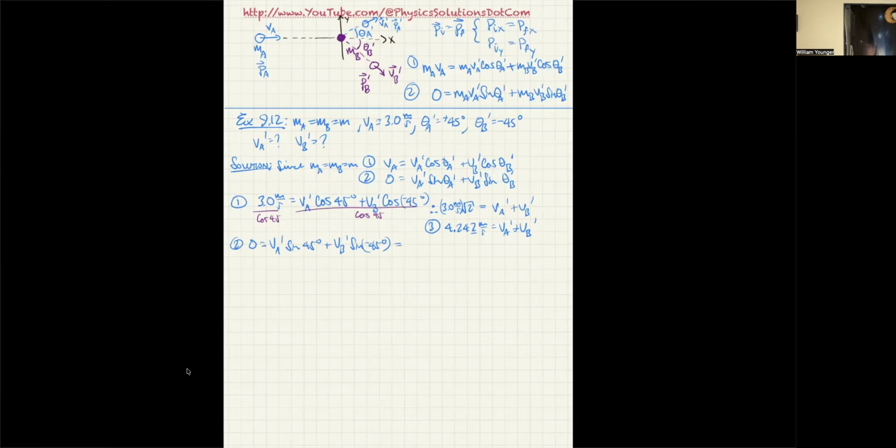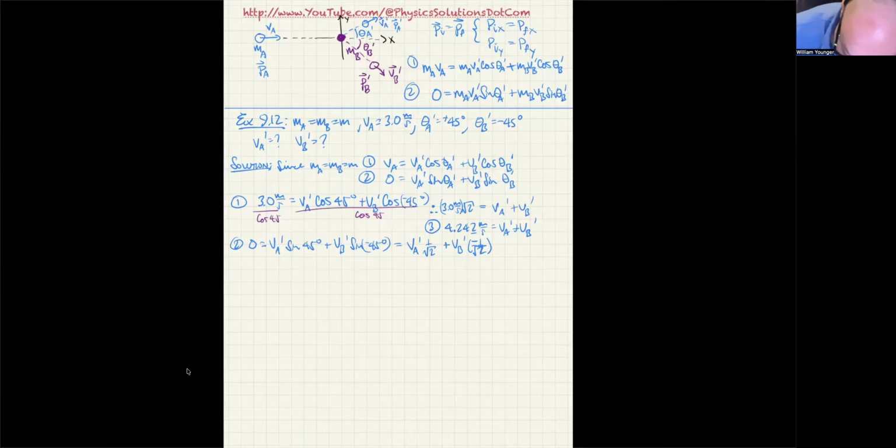But that is equal to VA prime times 1 over the square root of 2 plus VB prime times negative 1 over the square root of 2. So there's a negative in this case, because the sine of negative 45 is the negative of the sine of 45.